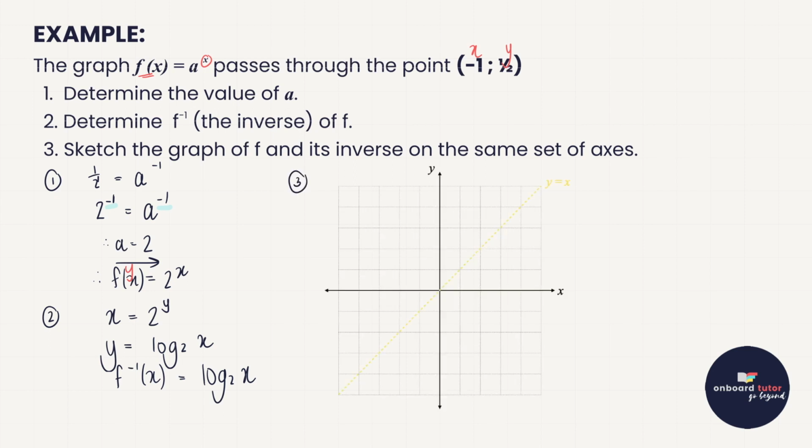Okay, so here's a neat system of axes, and we are going to be able to plot the graph and its inverse because we've even got this line here, y equals x, as a guide for us. So what I want is to try and find an x and a y intercept. What I can straight away see is that this equation here, y is equal to 2 to the x, is plus 0, so I do have an asymptote there at 0, if you remember correctly back to your exponential functions.